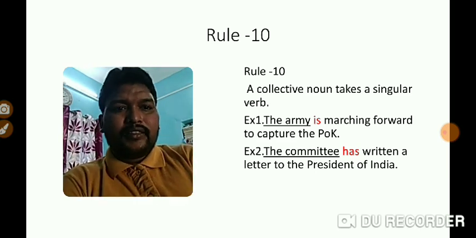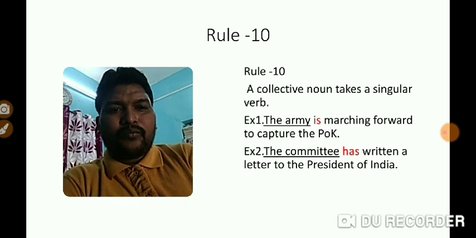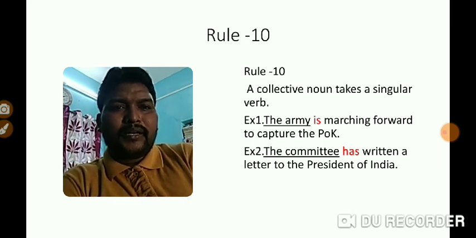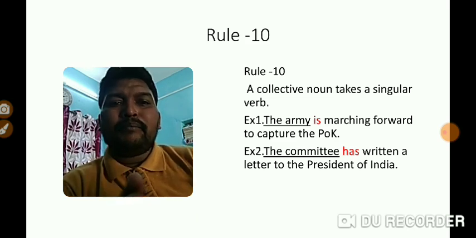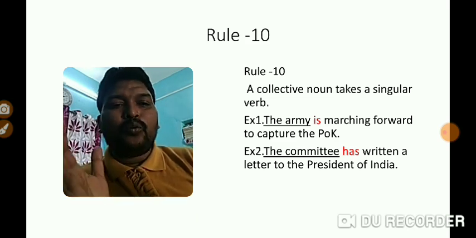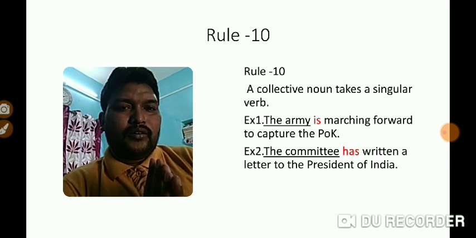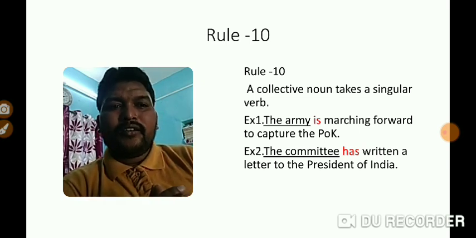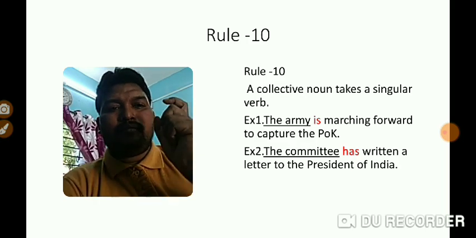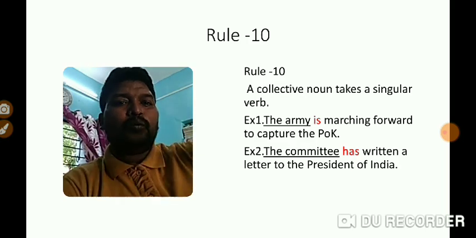In the same way, the committee. What do you understand by the word committee? A committee is made up of some members. It's a group of members. When there is a group of members, we say that's a committee. So it is singular.